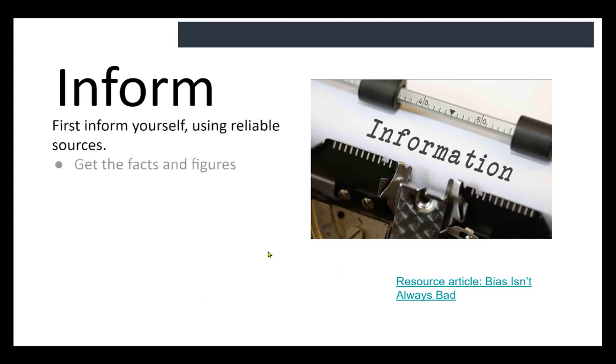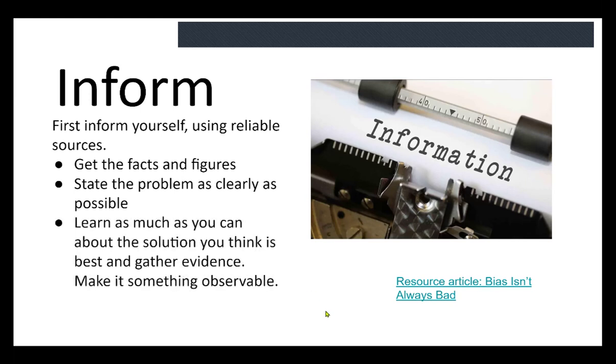So first, inform yourself, get the facts and figures from reliable sources, and then, just like those young people did, state the problem as clearly as you can. What is it that you want to see? Learn as much as you can about each of those solutions, and make the solution something that is observable. Then try to get others to join with you, or find somebody who's already working on the issue and join them.